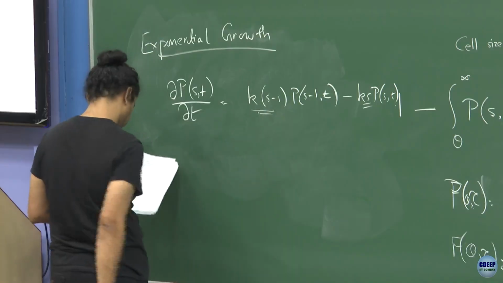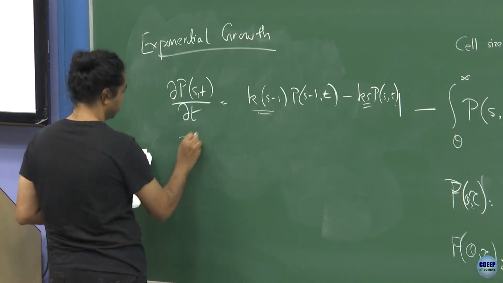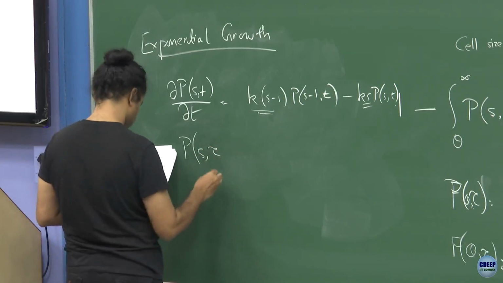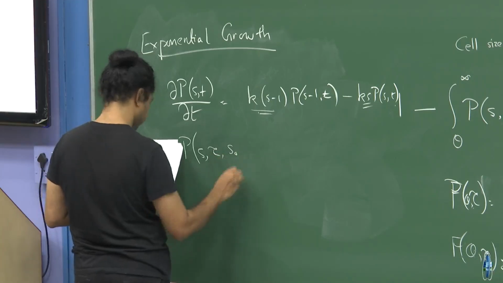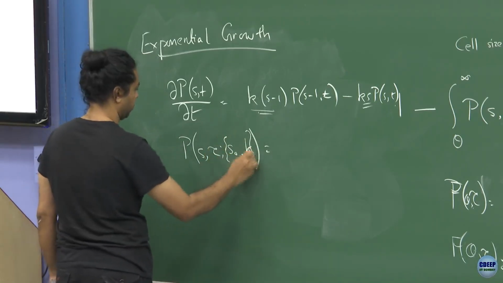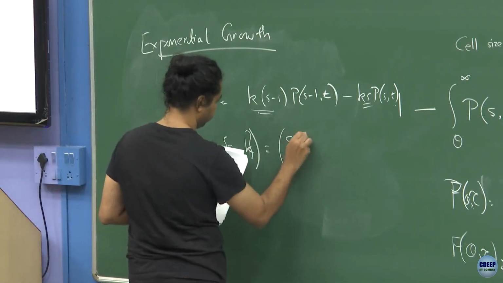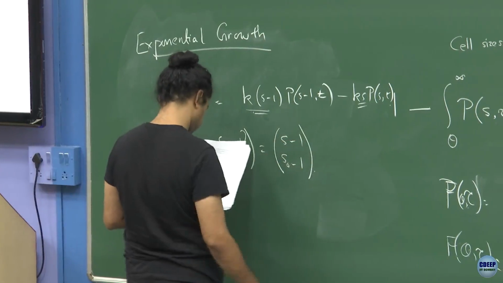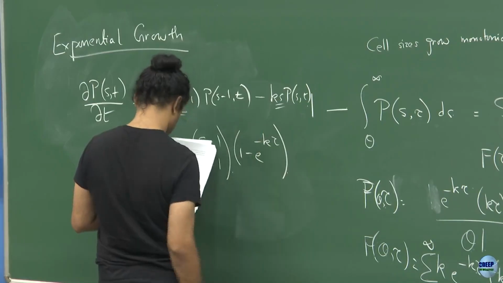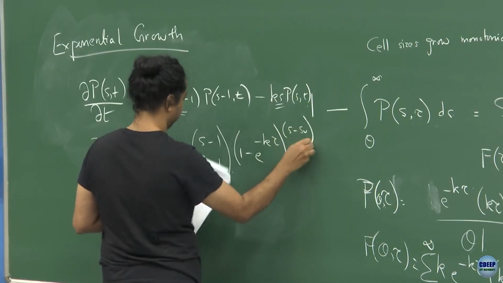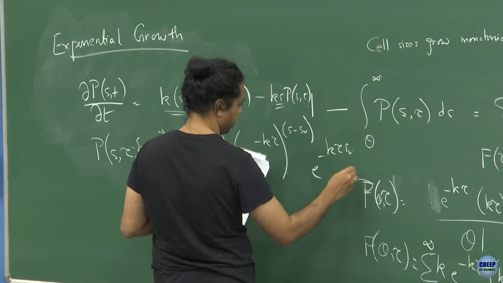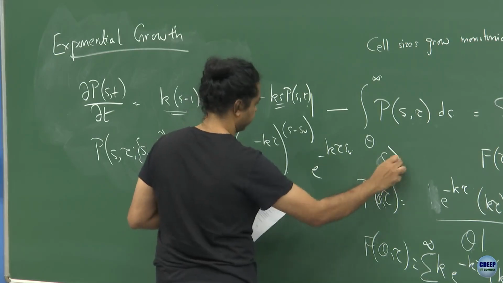If you have a process like this, you can write down the full solution, P of S comma T or tau, given some initial condition S naught and some rate K. If you remember, this was (S minus 1 choose S naught minus 1) times (1 minus e to the power of minus k tau) to the power of S minus S naught, times e to the power of minus k tau S naught, and this is for S greater than S naught.